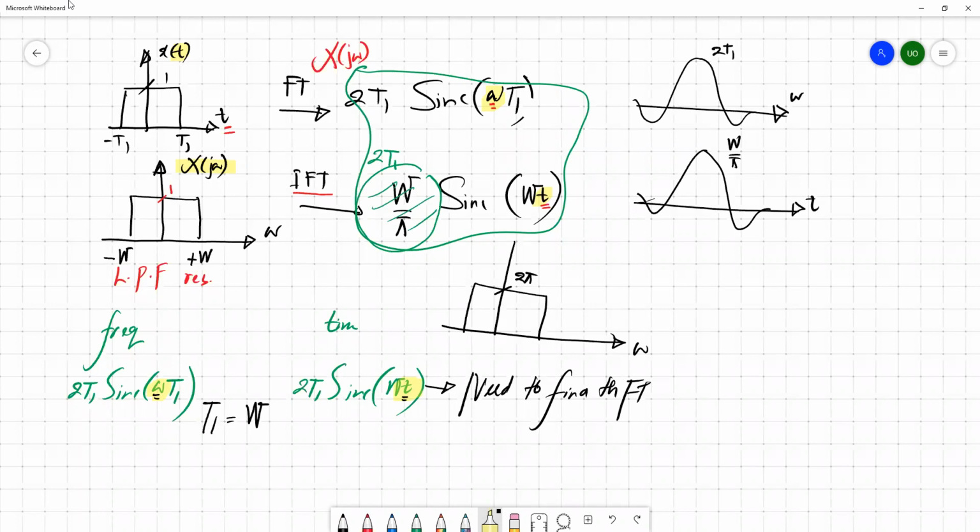So if they are exactly the same in shape, you can easily get the Fourier transform of this time domain quantity by looking at the transform of this.